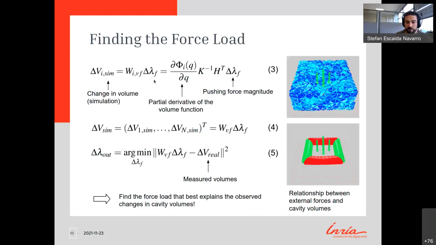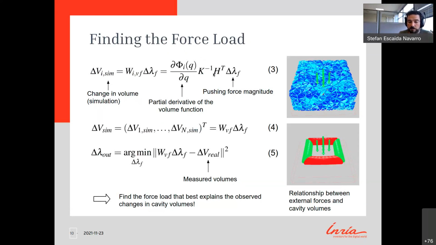And how we can leverage this to find the force load is that we need to establish the relationship between the change in force and the change in volume. And so, as I mentioned previously, we have the force variables that are mapped through H to the particular nodes on the FEM mesh.